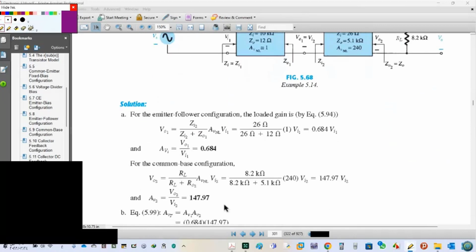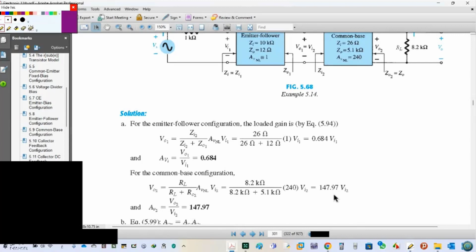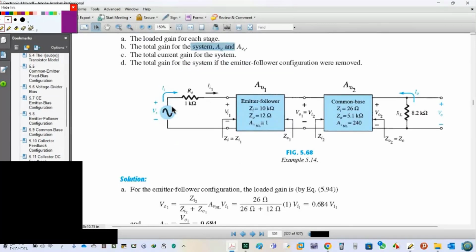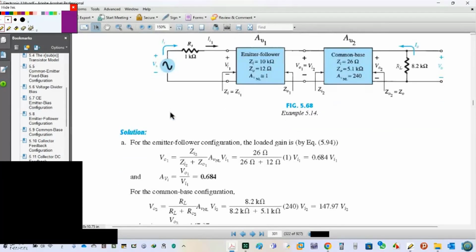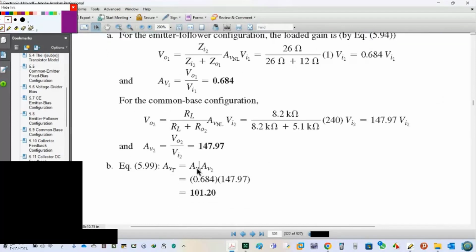Now I found another one, this RL is 8.2 kilo ohm. Then you can find AVO. The question asks me for the load gain of the system, so I need to calculate AV load and AV total. AV total is AV1 times AV2.